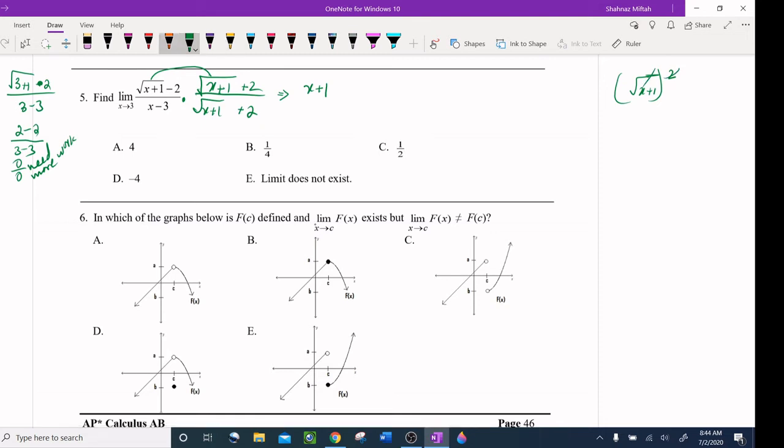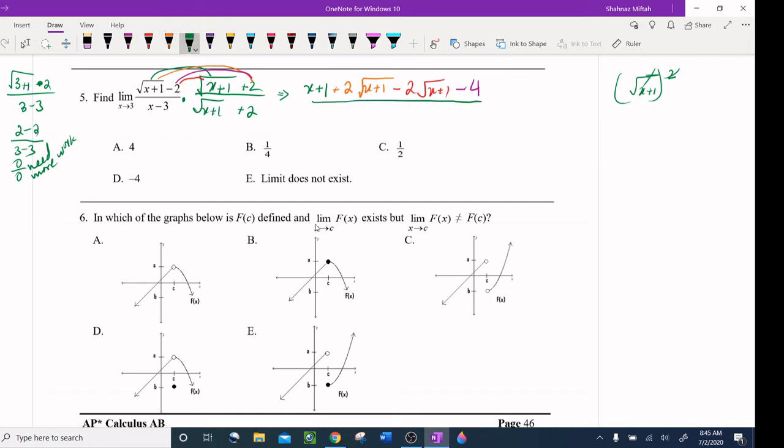Now you are going to multiply square root x plus 1 with plus 2, so I'm getting plus 2 square root x plus 1. Now I'm going to multiply negative 2 and that, which is going to give me negative 2 square root x plus 1. Then I'm going to multiply negative 2 and positive 2, which will give me negative 4, right? So I'm done so far.